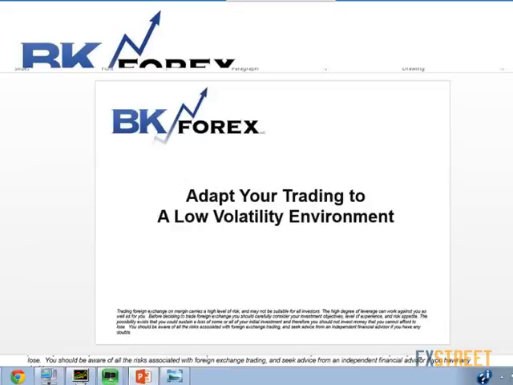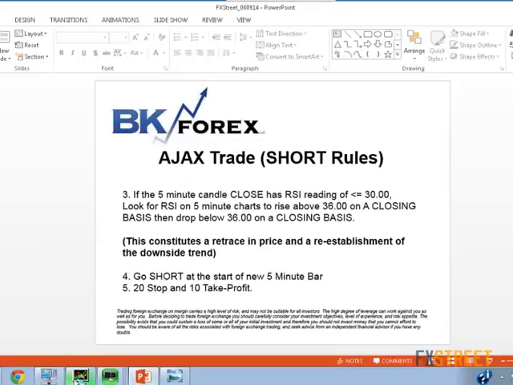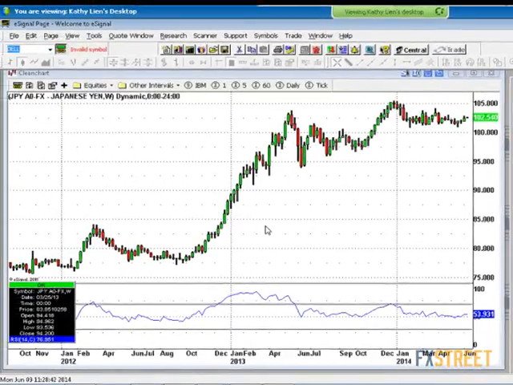So let me show you how this could have been traded at the last non-farm payrolls report. We actually looked at dollar yen, and it really had no opportunity on the 5-minute candle in the last non-farm payrolls report, because we really didn't have any type of volatility in the currency pair.